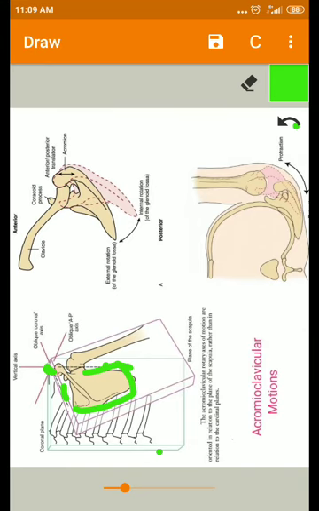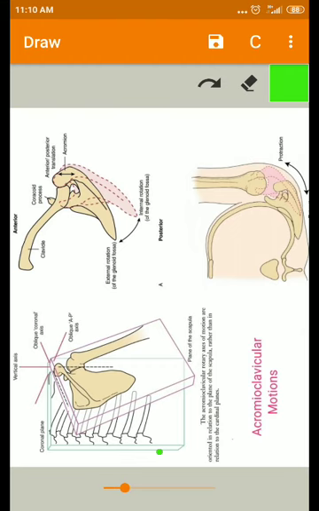And here some movements are explained based upon the movements which are taking place during, or these movements are always related to, the clavicular motions. So whatever movement we have studied in the clavicular motions causes some movement in the scapula also, we have studied like that, isn't it?